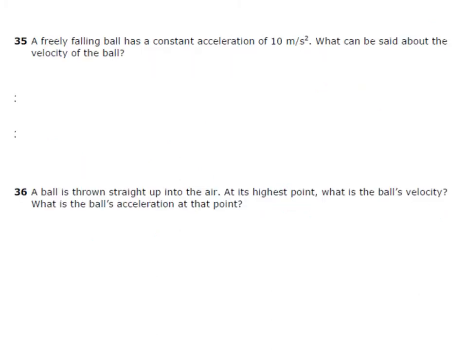A freely falling ball has a constant acceleration of 10 meters per second squared. That would be g. That's 9.8 rounded up to 10. What can be said about the velocity of the ball? Well, it means that the change of velocity is 10 meters per second every second.